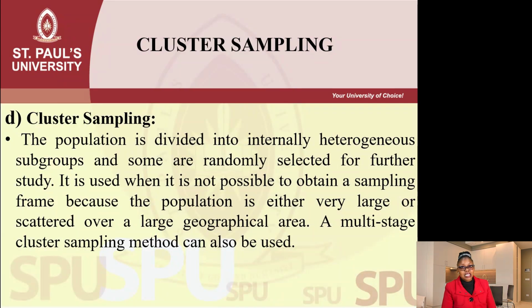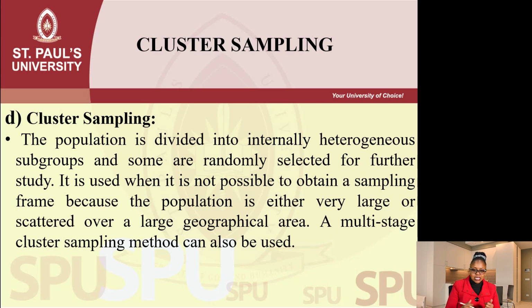Then the last one is cluster sampling. It is the fourth one under probability sampling. Now here, this one is done a little bit differently from the others. We are saying here, the population is divided into internally heterogeneous subgroups, and some are randomly selected for further study.